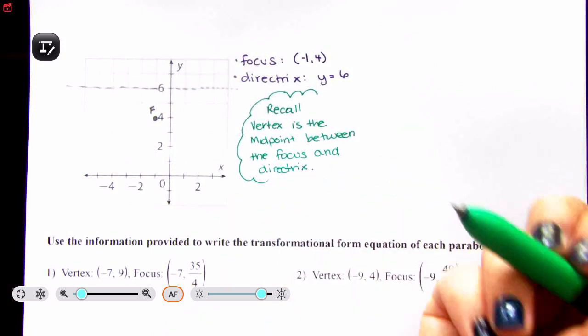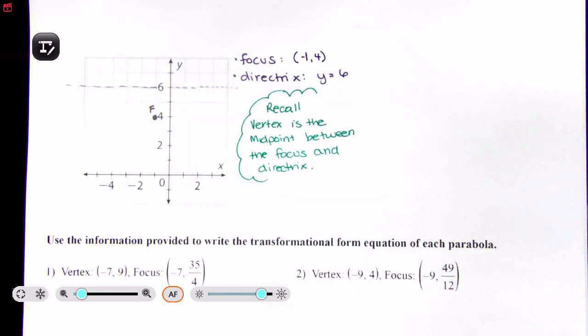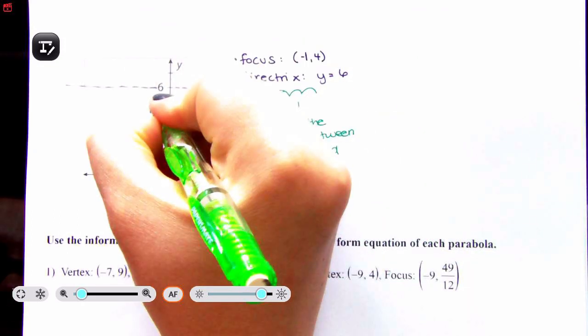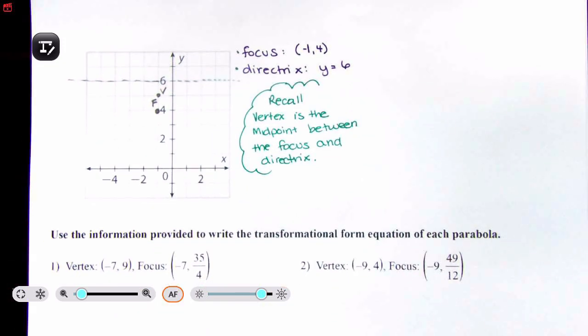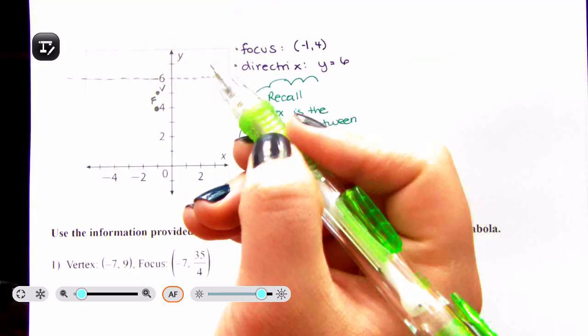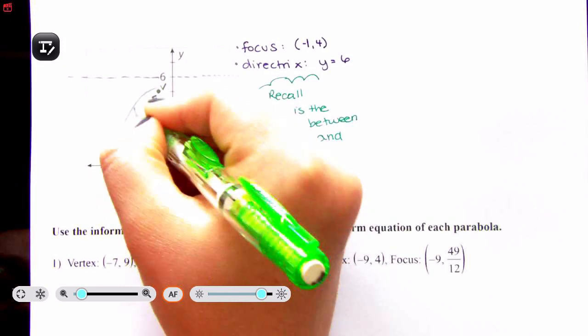So what is the midpoint between 6 and 4? That midpoint is 5. So your vertex is here. What is the only option for you to graph? Excuse me for that hesitation. We have one option to have our focus inside our parabola, and that's if our parabola is facing downward.